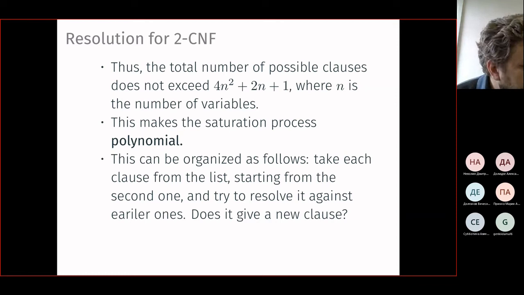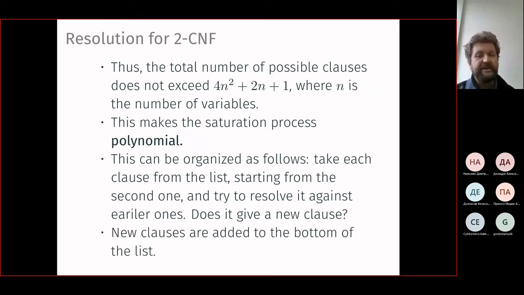Okay, so you have the list of the clauses, and you say resolve the second with the first, then the third with the second and the first, the fourth with the third, second, first, etc. And if you get a new clause, then you append it to the bottom of the list. You write it on the bottom. And then in this process, at some point, you will reach it and also try to resolve it against everything which is above. Clear? So this is the procedure.